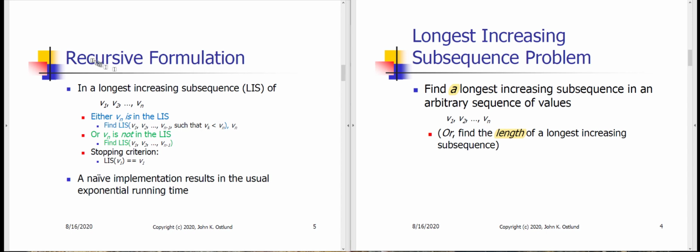Okay, so in the recursive formulation of this, we're trying to find the longest increasing subsequence, or the so-called LIS, of the sequence of values. And we break that down in kind of the usual way. We consider the case where v sub n, the last item in the sequence, is in the longest increasing subsequence, or where v sub n is not in the longest increasing subsequence.